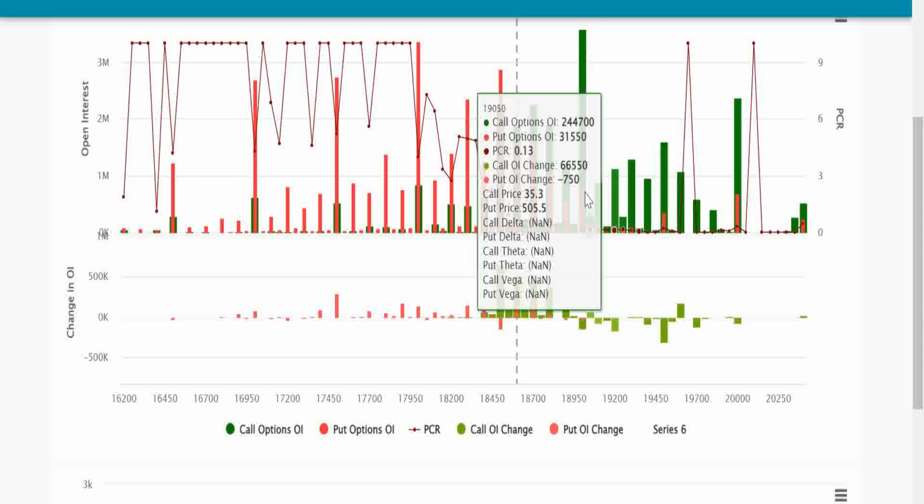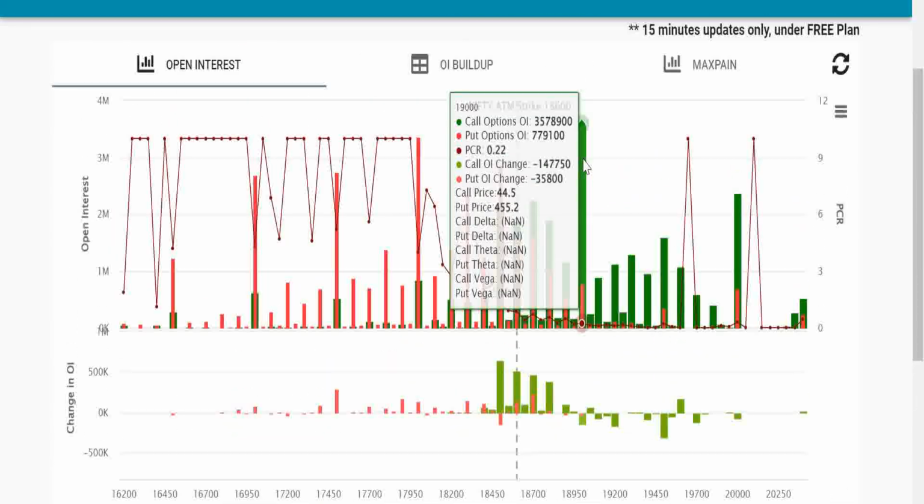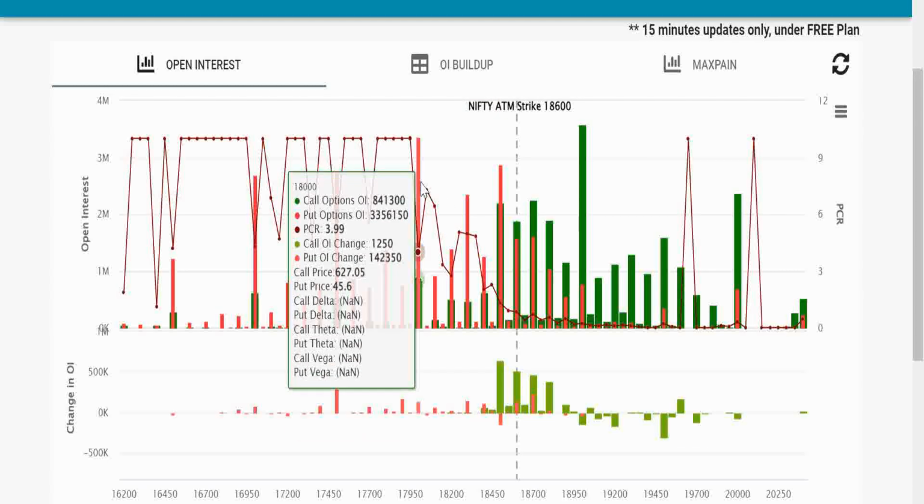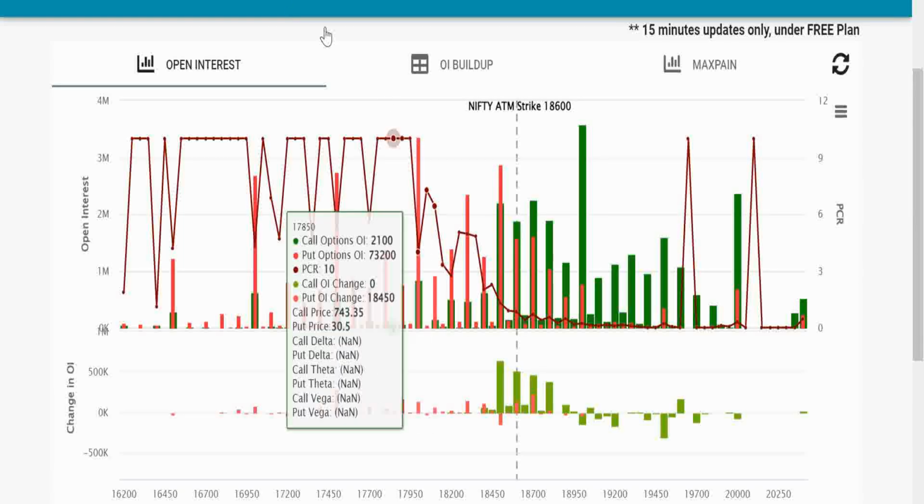Here you clearly see that the 19,000 call option has more open interest, and 18,500 and 18,000 have more open interest. That means the market is likely to stay between 18,000 and 19,000 for this month. So I can keep my straddle at 18,500. You know very well what break evens we have.